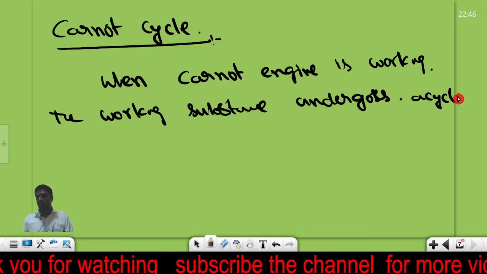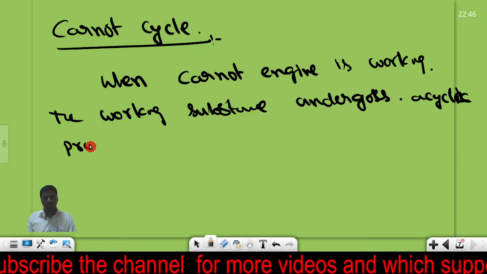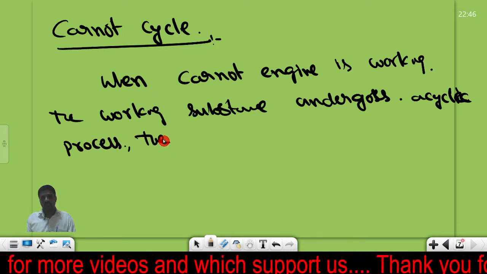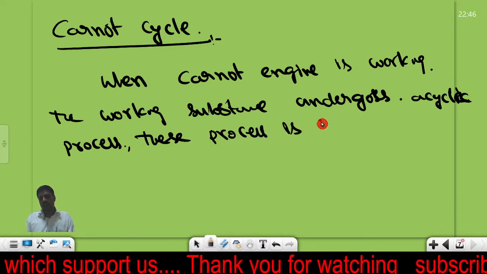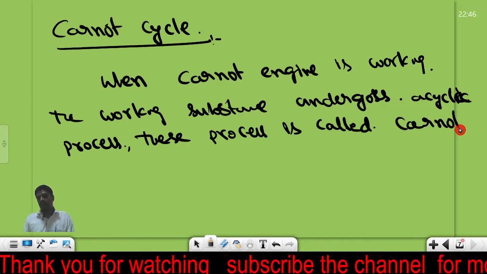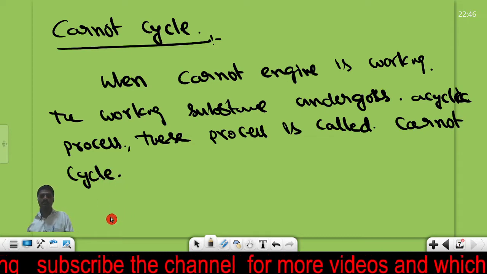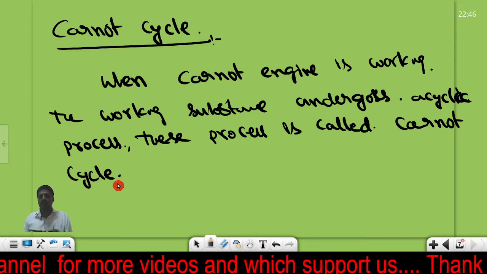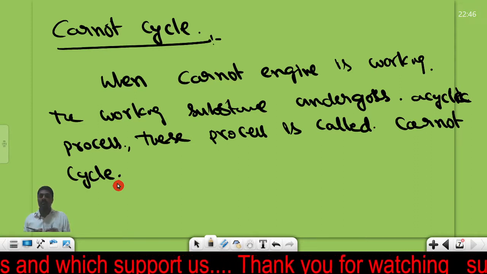This process is called the Carnot cycle. So the working substance goes through a cyclic process, and that process is called the Carnot cycle.